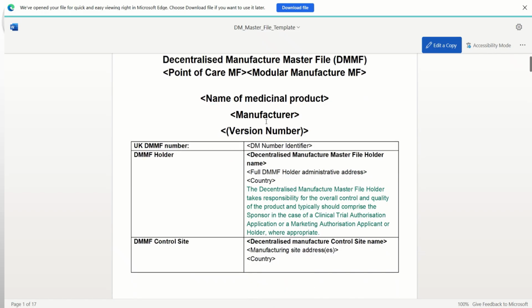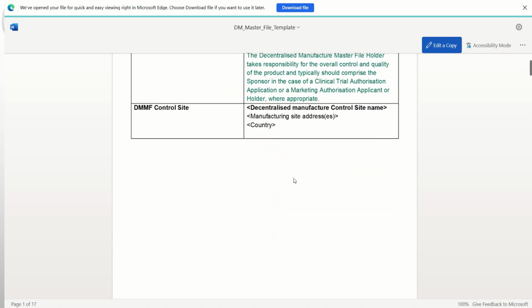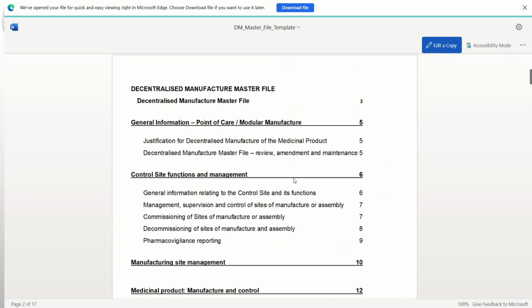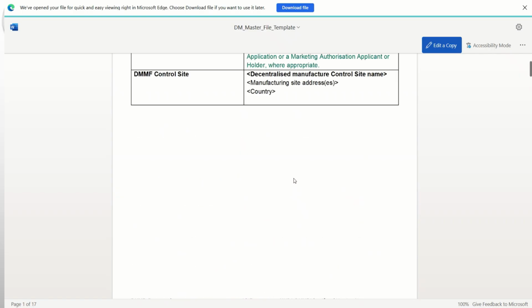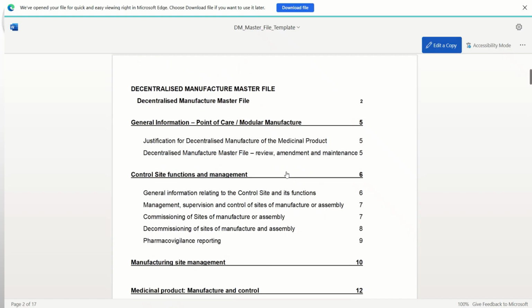You have the name of the product, manufacturer, and your version number. You have your UK decentralized manufacturer master file number. You have your control sites listed. And then here is the information, I think just the contents of what this decentralized manufacturer master file contains.